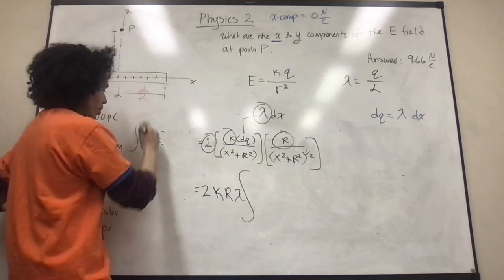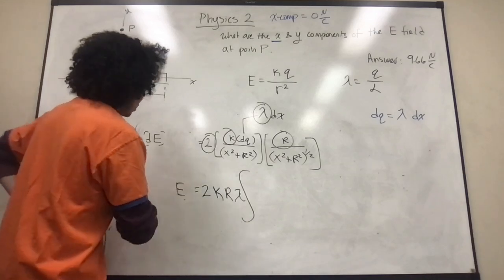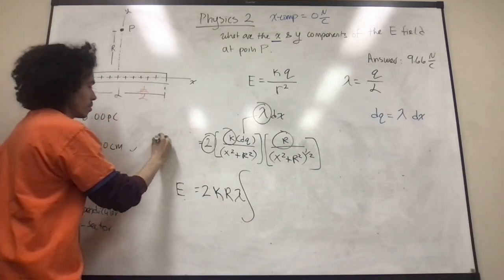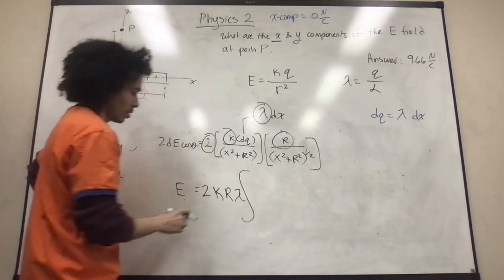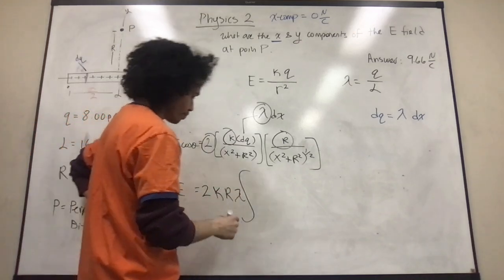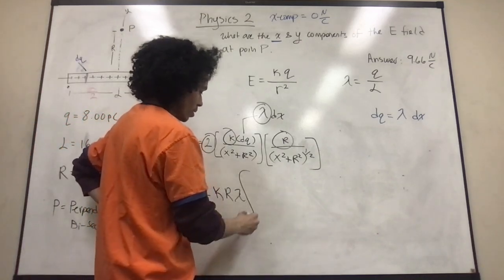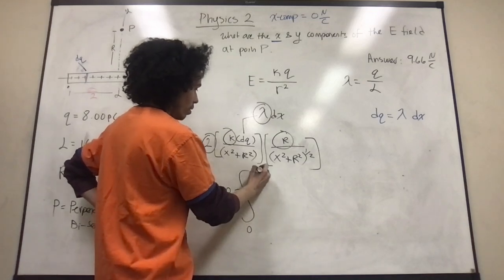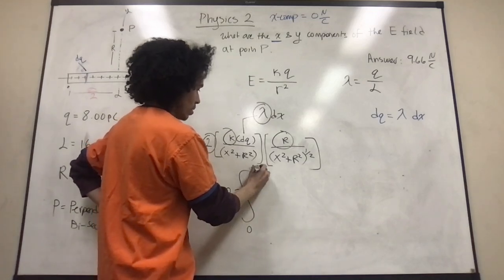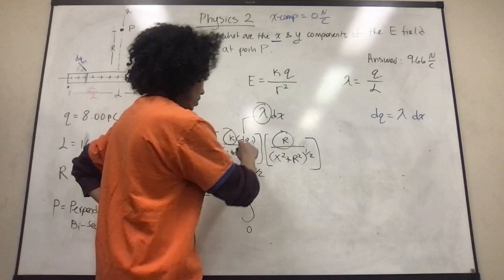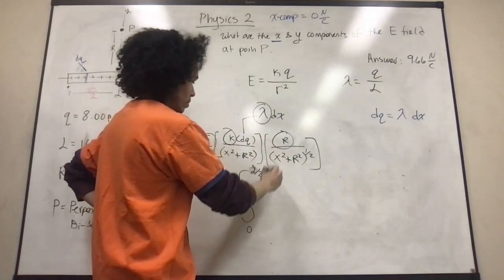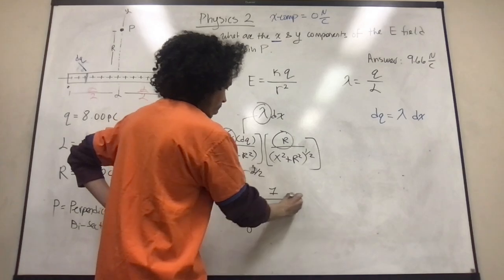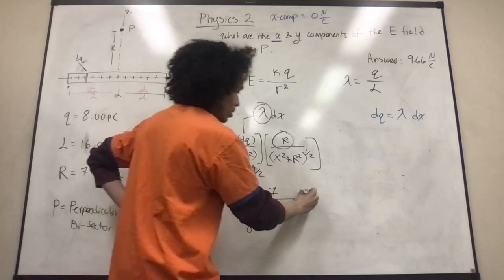Now we integrate all of it. So left with just the E, the integral from 0 to L over 2. We have 1 up top here. Let's not forget about that dx, but let's bring it out over here.